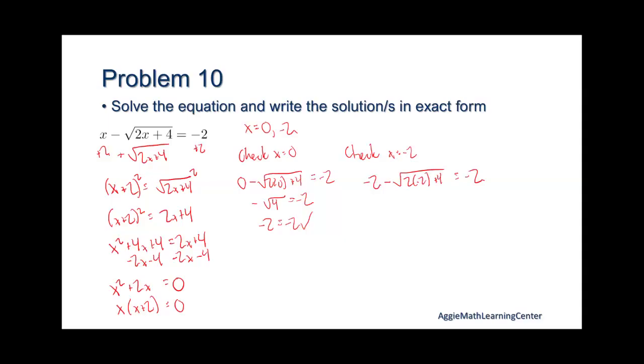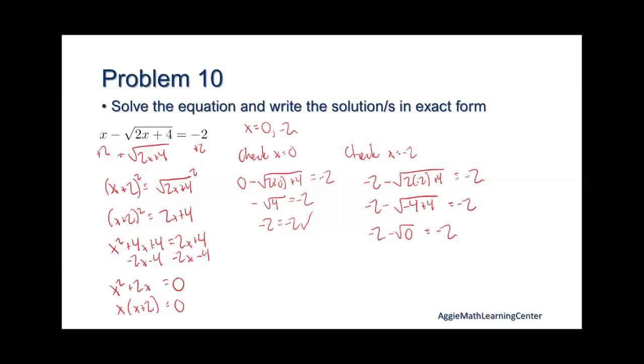Yep, we want to simplify our square root first. So we're going to get -2 minus the square root of 2 times -2, which is -4, plus 4, equals -2. And the next thing we want to do? Simplify -4 plus 4. Exactly. What is -4 plus 4? 0.